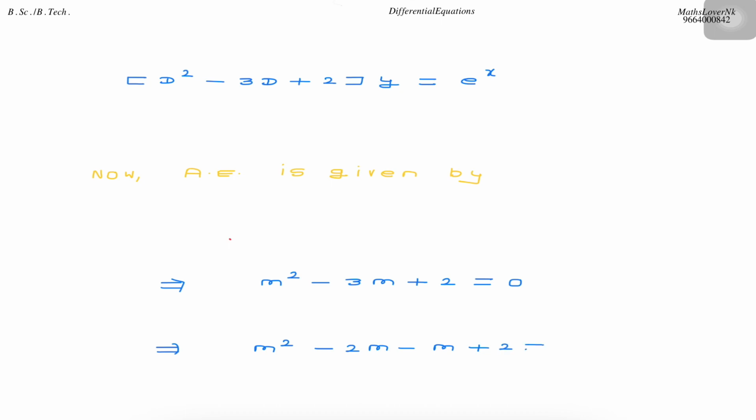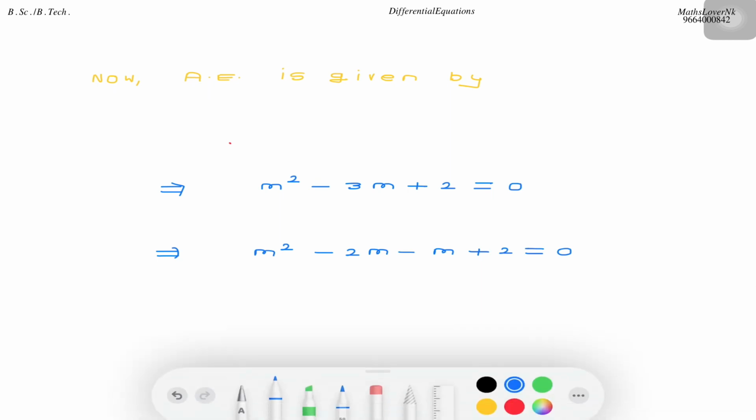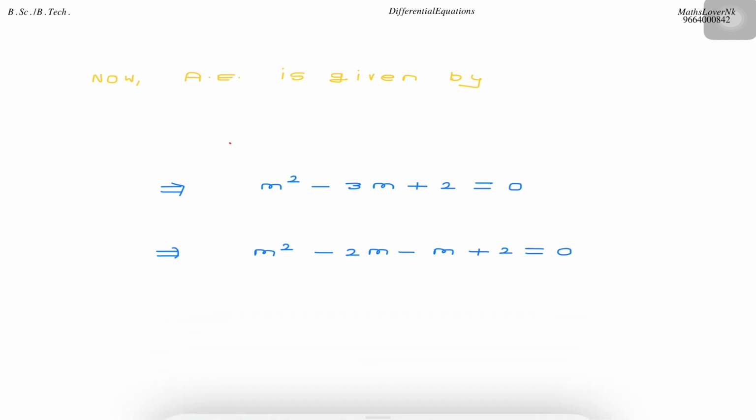Take m as common, then m into (m minus 2). Again minus 1 is common, then minus 1 into (m minus 2).